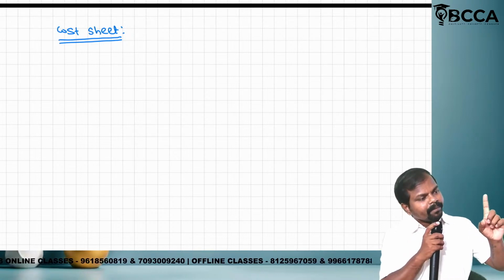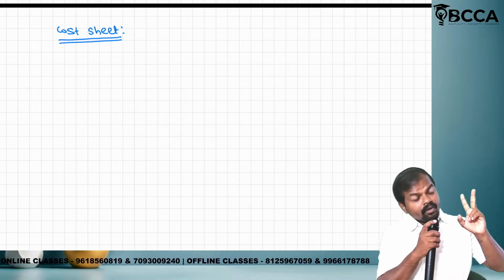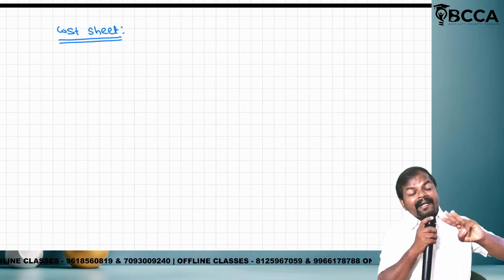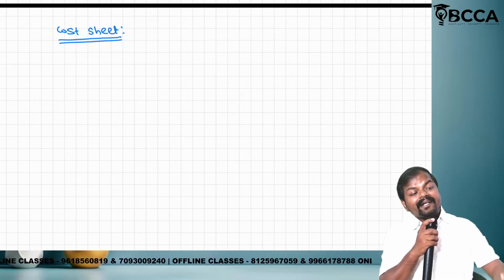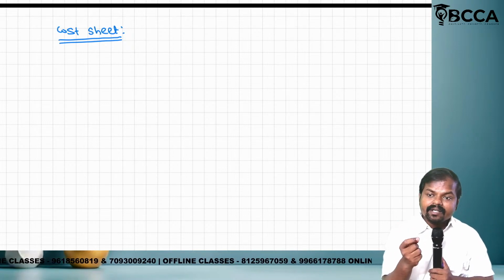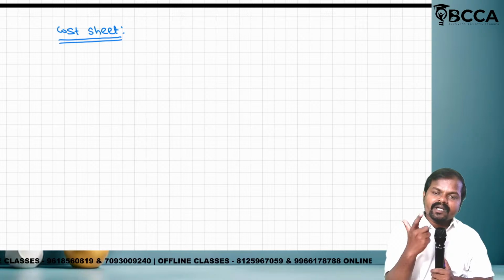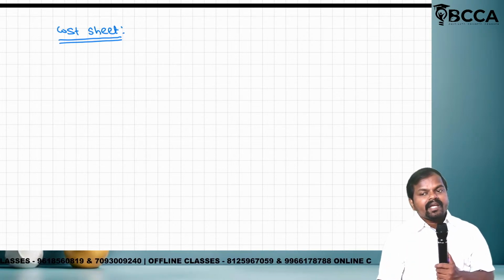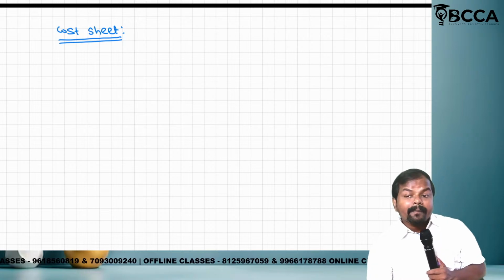Now tell me, why draft a cost sheet? To achieve the primary objective, to achieve the secondary objective, and number three, intra-firm and inter-firm comparison. Next, with the help of the cost sheet, decision making will be possible. What type of decision making?